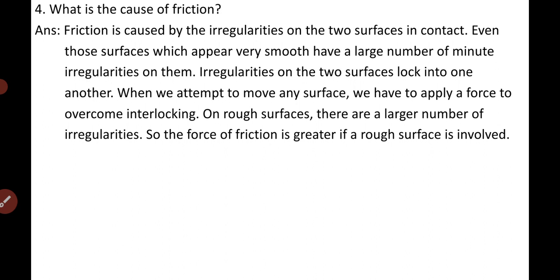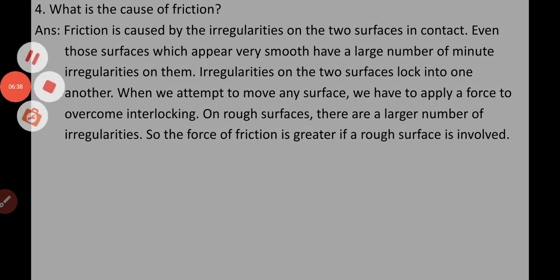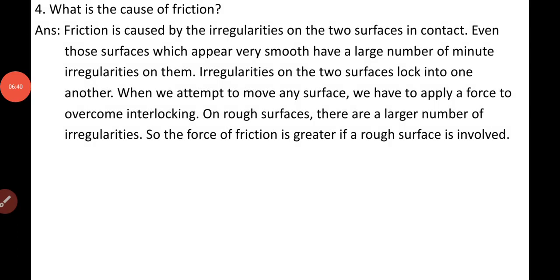The irregularities on the two surfaces lock into one another, and whenever we attempt to move any surface, we have to apply a large force to overcome the interlocking, to overcome the friction. On a rough surface there are a large number of irregularities, so the force of friction is greater. Clear? So this is the answer of question number 4.